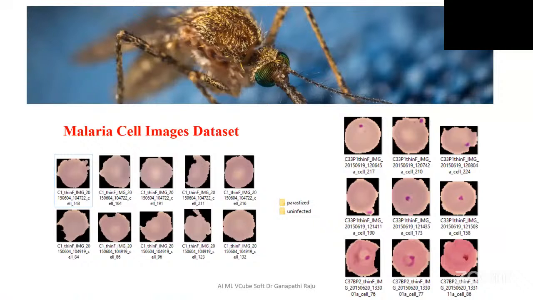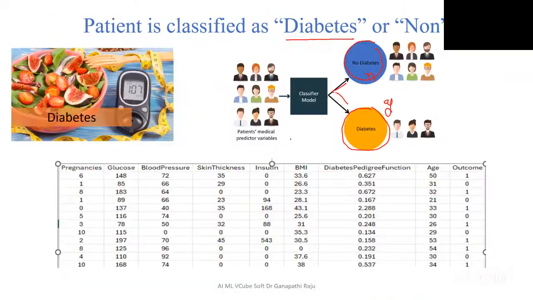Third, I will discuss a malaria cell image dataset, where a blood cell containing these kinds of symbols is called parasitized. If the blood cell does not contain anything unwanted, it is called uninfected. This is also binary classification. Like this, we can have hundreds of examples for binary classification.